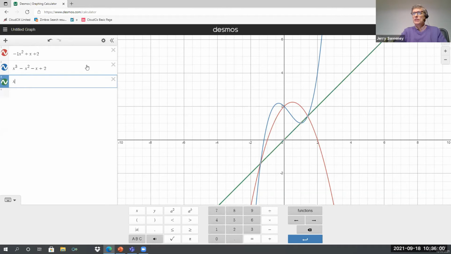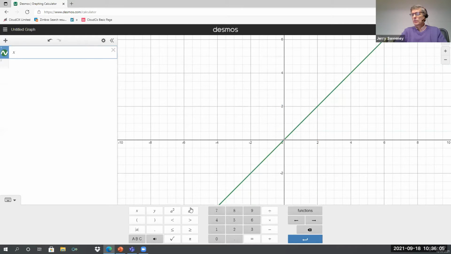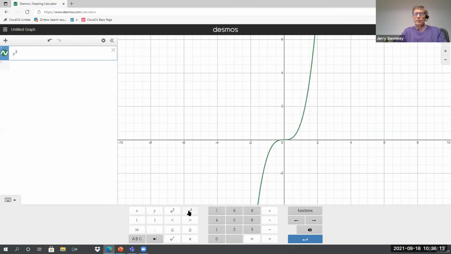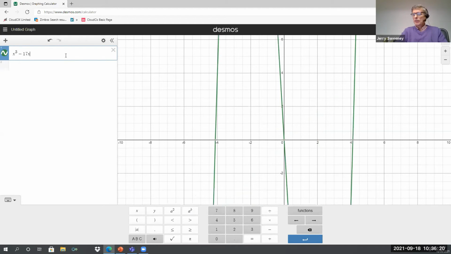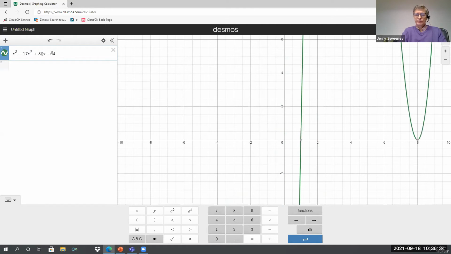So I'm going to delete the other two because my graph is getting a bit overdone. So we go x cubed minus 17x squared plus 80x minus 64.